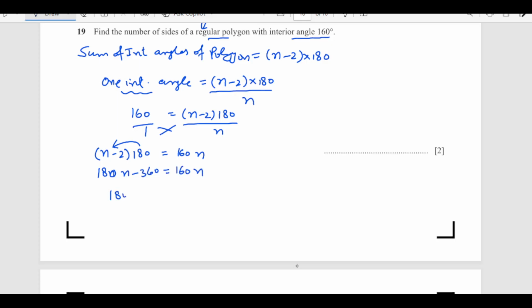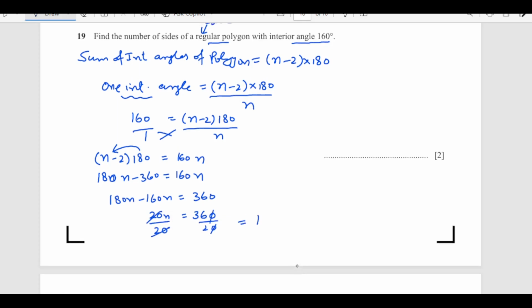So 180 n minus 160 n, 360 we are going to take other side, so this is 20 n equals to 360. So then divide by 20, divide by 20. So we have 18. So number of sides is 18, right?